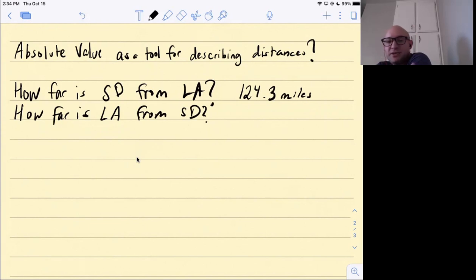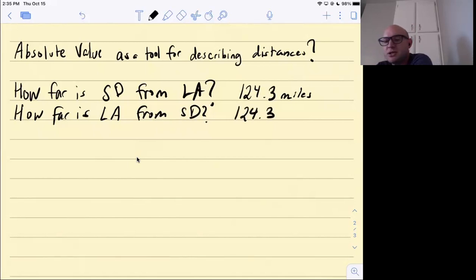Should it be any different? It's going to be the same thing, right? San Diego to LA, LA to San Diego. It might take more or less time depending on traffic, but the distance, if you're talking about the same road, is going to be the same. That doesn't matter, and that's a key idea.